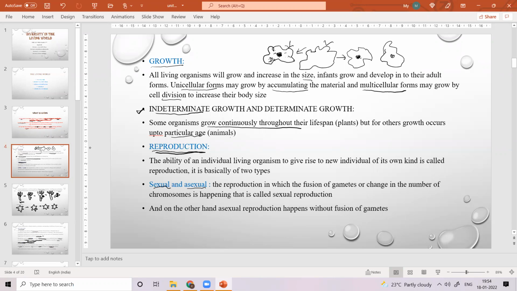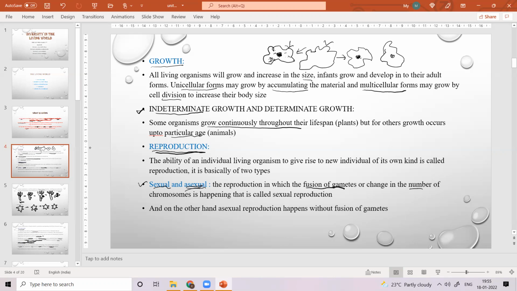Coming to the next feature of living organisms, that is reproduction. There are two types of reproduction: sexual and asexual. Sexual reproduction deals with the fusion of gametes, and in asexual reproduction fusion of gametes is not possible. The number of chromosomes will also change in sexual reproduction.